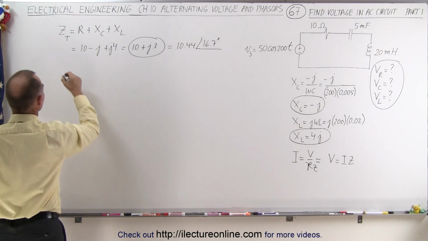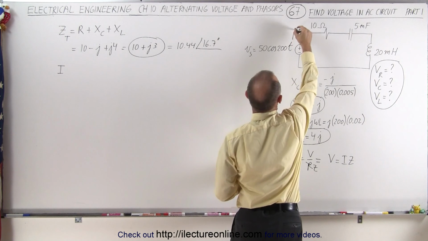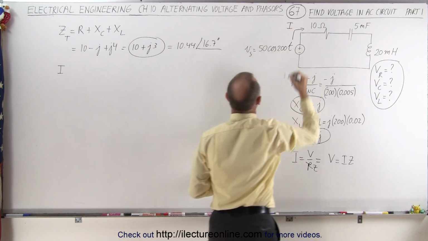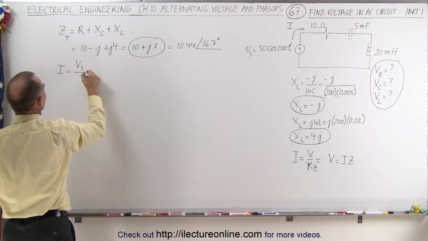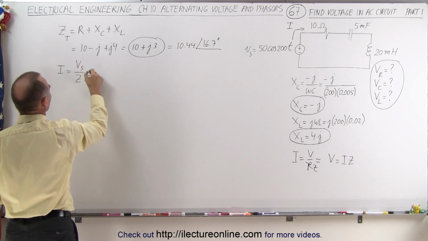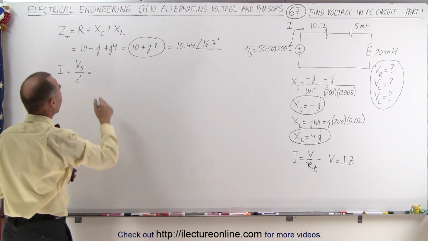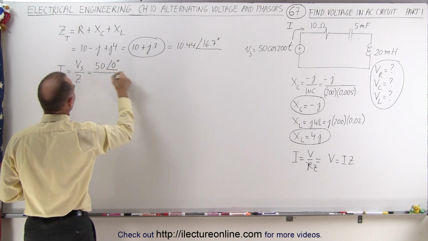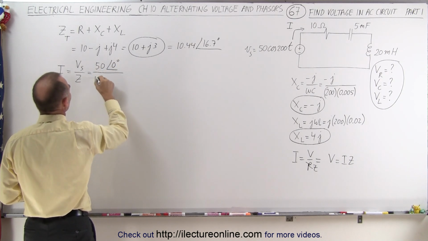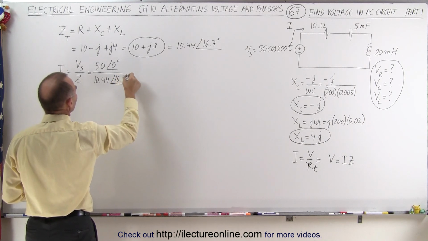So now we can write that the current in the whole circuit, call it I, is going to be equal to the ratio of the source voltage divided by the impedance of the circuit. Now the source voltage in magnitude and phase angle format can be written as 50 with an angle of 0 degrees, divided by the impedance, which is 10.44 with an angle of 16.7 degrees.